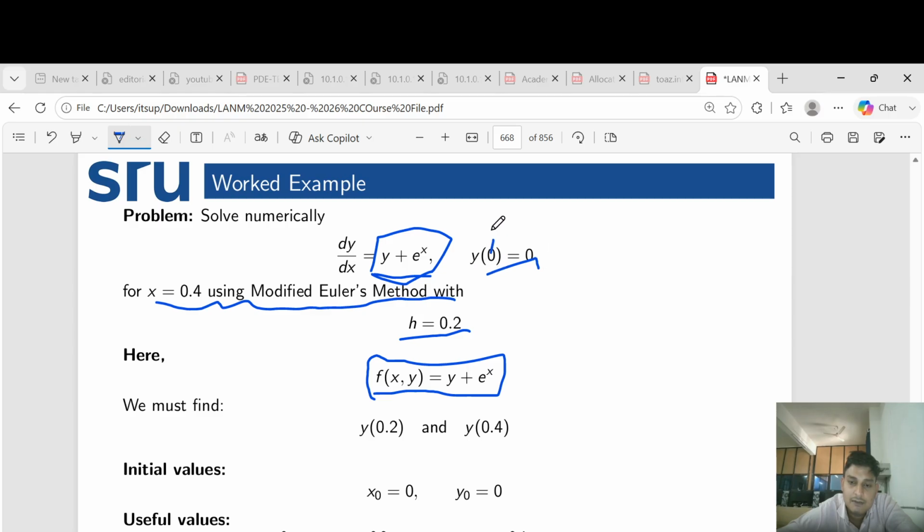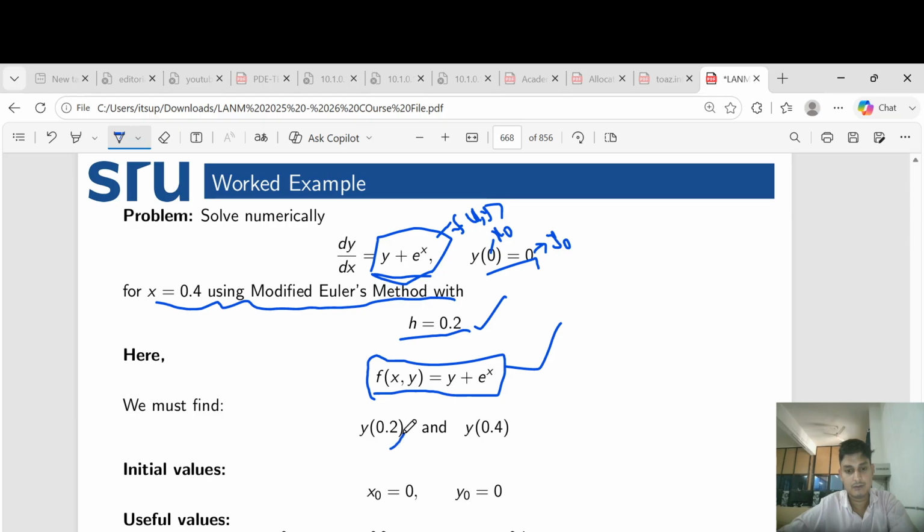So this is x0, and this value is y0. Okay, so the x0, y0 values are given, and this value is f(x, y). So f(x, y) = y + e^x, it is given here. h = 0.2 is given here.